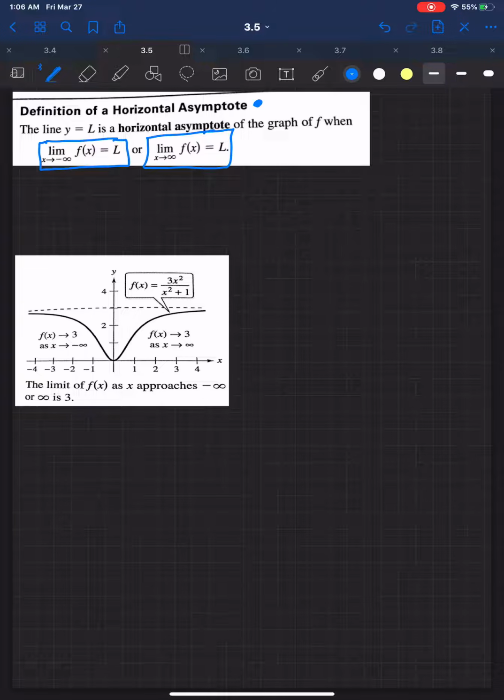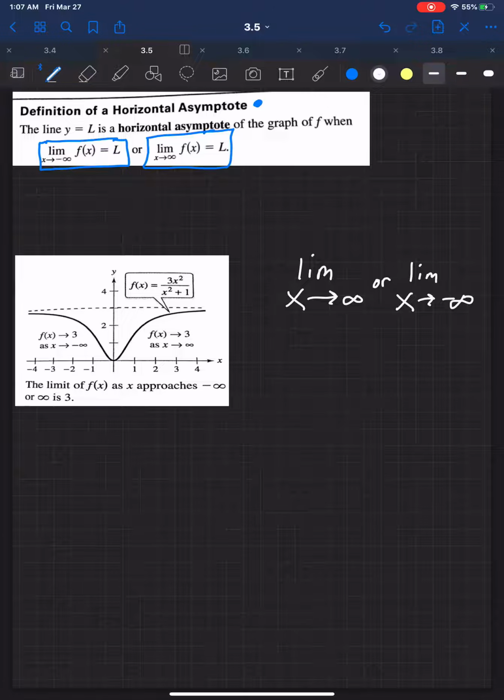In those previous problems, I kept making statements like as x gets really large, as you let x keep growing. More formally, that's basically saying the limit as x approaches infinity, or the limit as x approaches negative infinity.